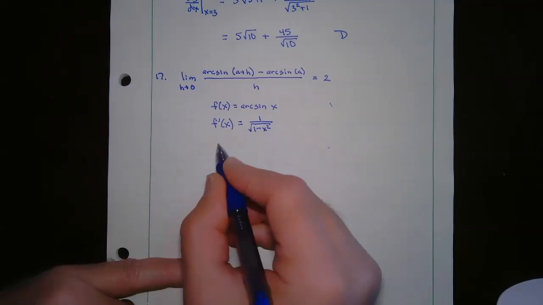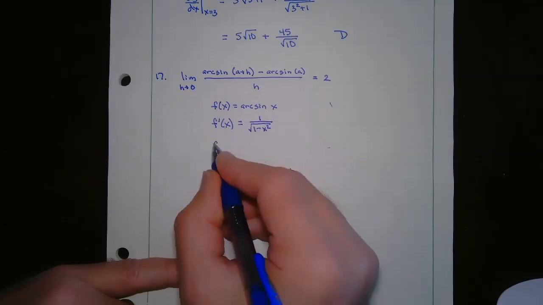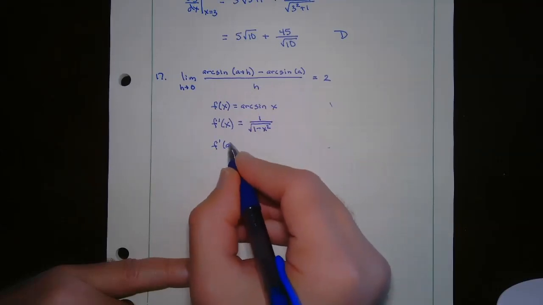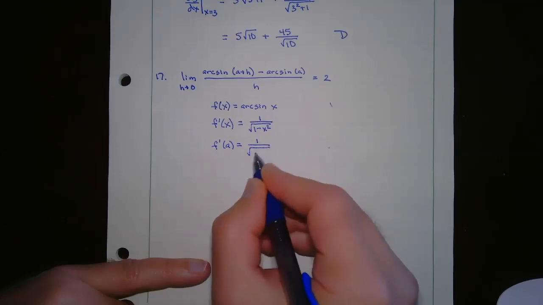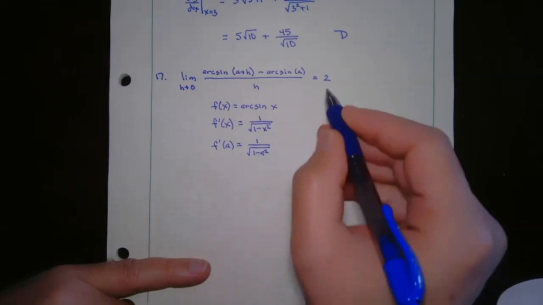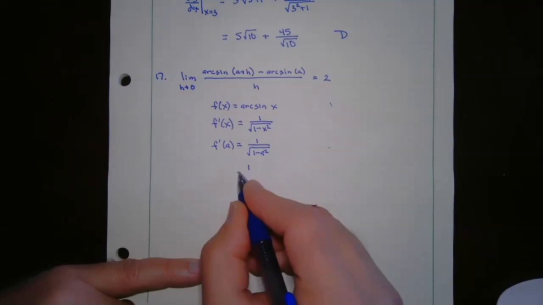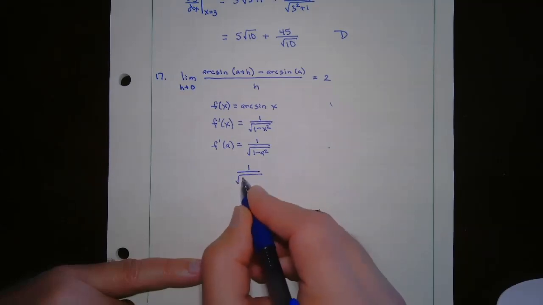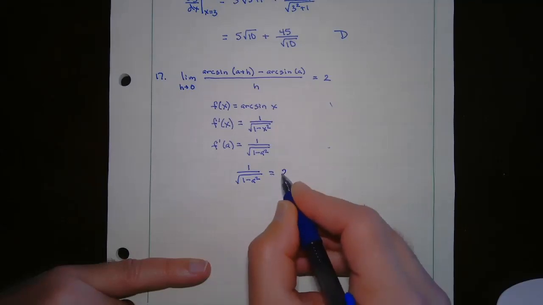So that means f prime of a would have to equal 1 over the square root of 1 minus a squared, and what I know from this is it has to equal 2.